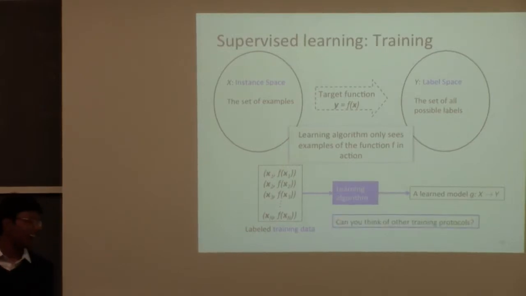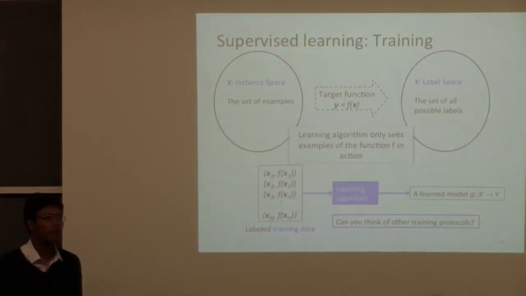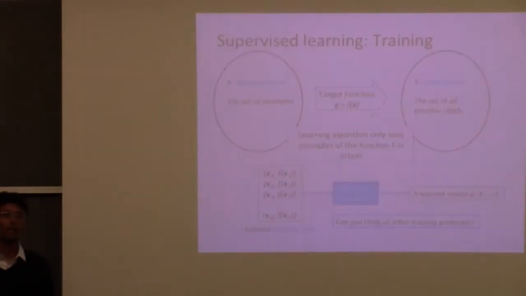Now, can you think of other training protocols? Yes? Something that samples part of the training data and then resamples it. So it's kind of recursive, or in a loop. Just take a subset of the training data, train on that, and you get a model out, but then you can repeat the process and somehow refine the model based on taking different subsets.